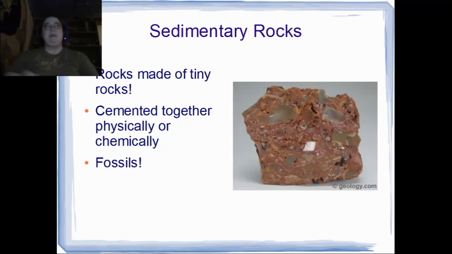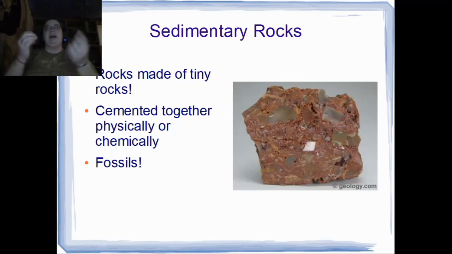Usually this happens in oceanic sediments, because a lot of seashells use calcium carbonate, which becomes limestone. Calcium carbonate, when it's hydrated and degraded over time, cements together and makes a very, very strong sedimentary rock. Some examples of this are limestone and dolostone. All of those kinds are chemically cemented, and they are tough.